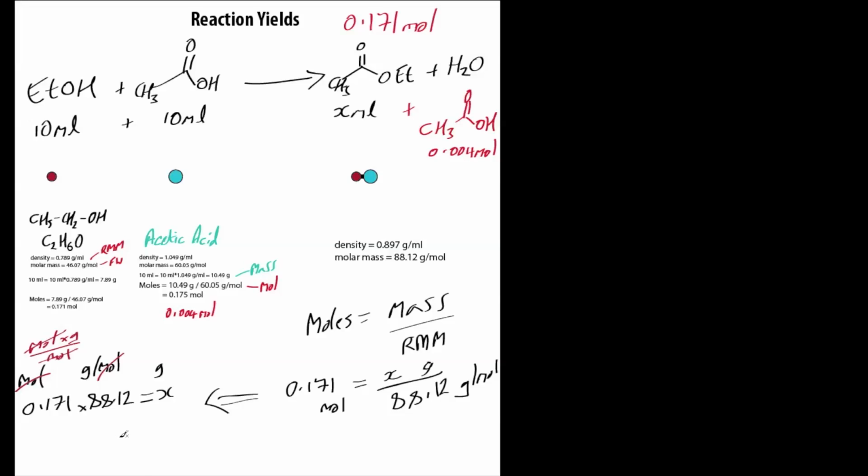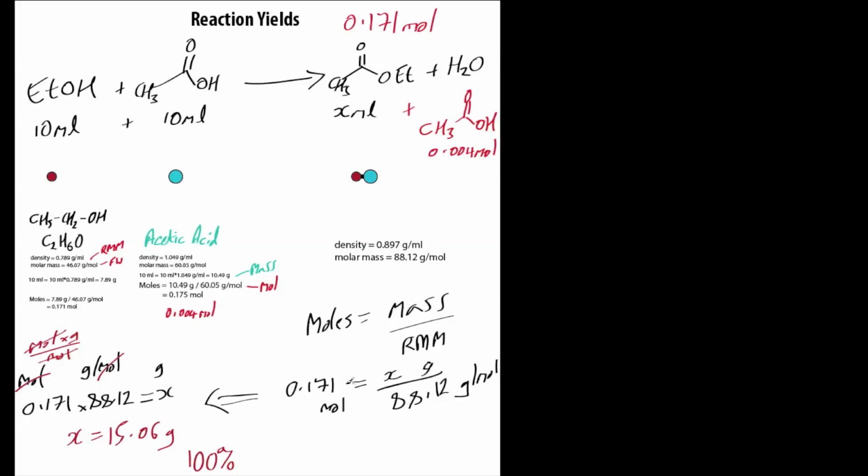Get this back again. So x equals 15.06 grams. Okay, so that equals 15.06 grams of ethyl acetate for 100% yield. So that's 100% yield. Okay, so now we've got the grams.